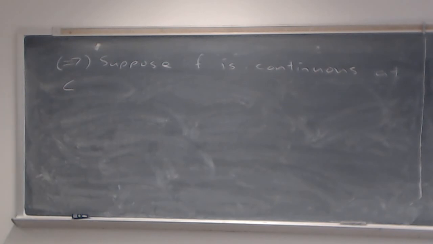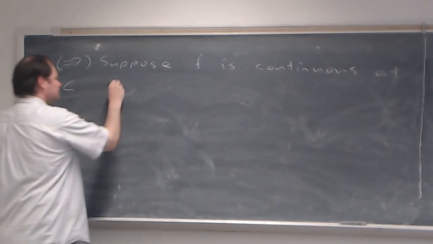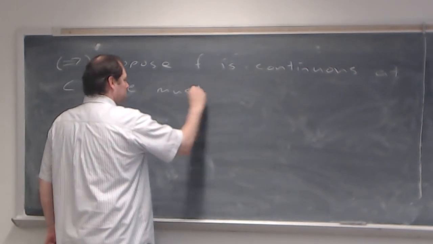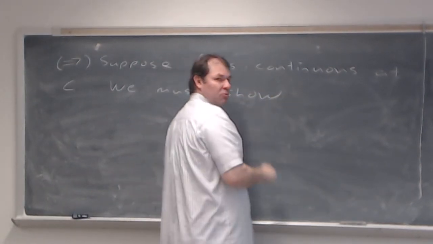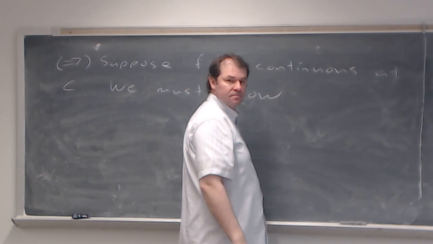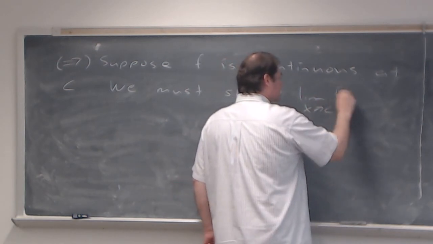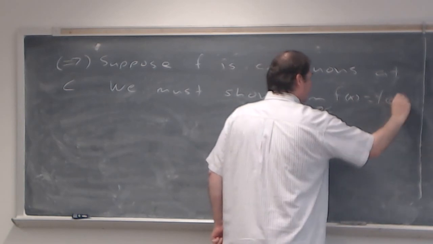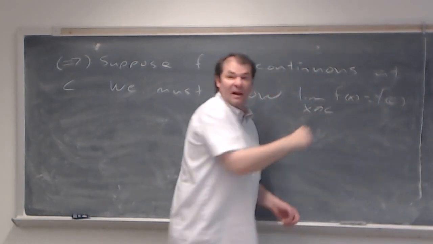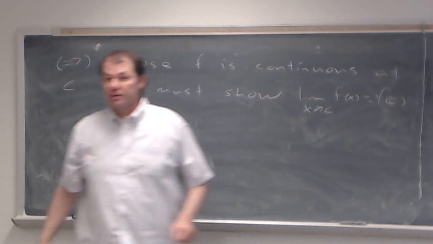What is it that we're trying to show? We must show the limit as x goes to c of f(x) equals f(c). That's right. So this is like my L in the limit definition.